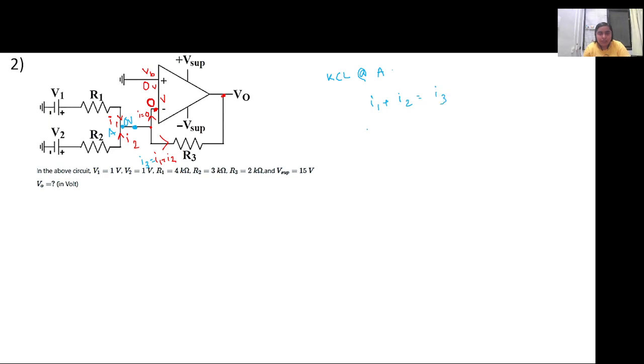I1 is (V1 minus 0) by R1. I2 is (V2 minus 0) by R2. This will be equal to I3, and I3 is (0 minus V naught) by R3, since the output node voltage is V naught.